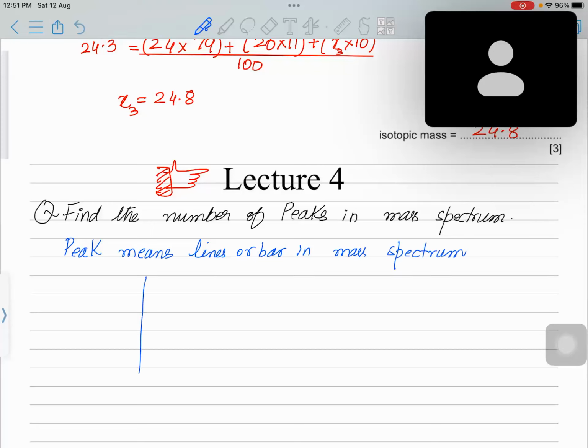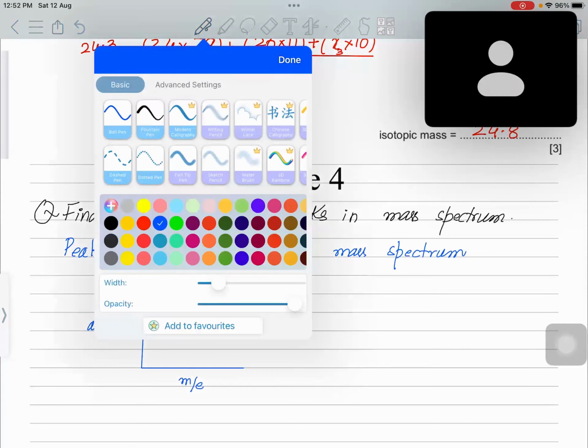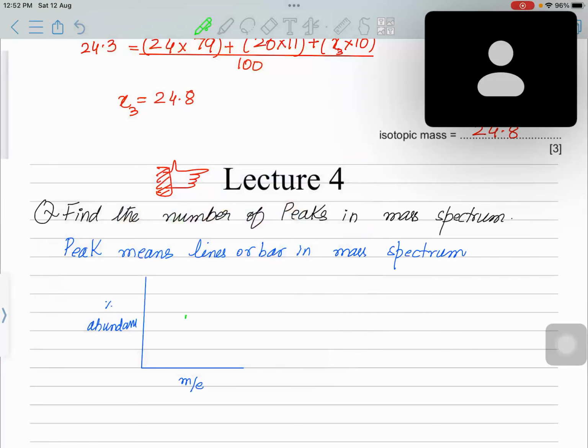For example, this is the graph. Here we have mass over charge ratio, and here we have percentage abundance. So these are peaks or lines.